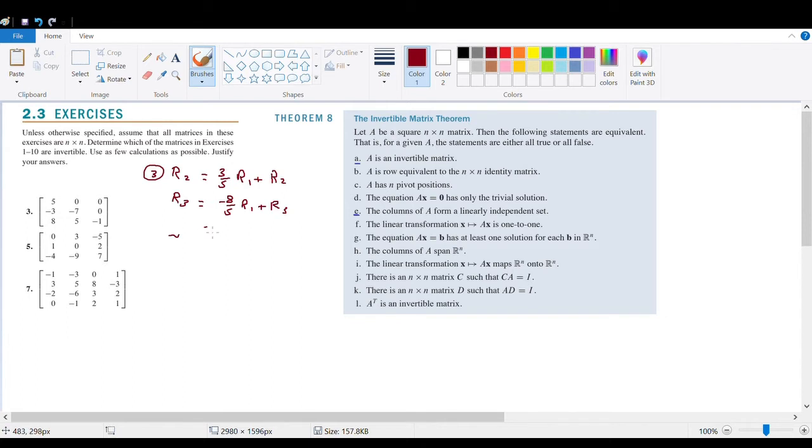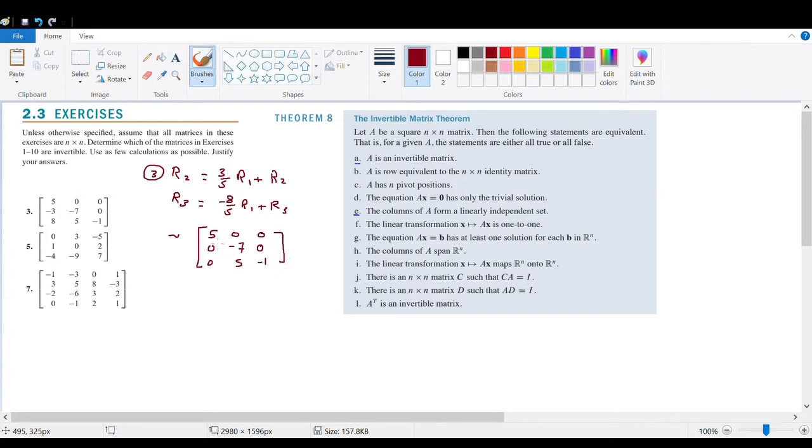This will give us the new matrix here: 5 0 0, then 3 over 5 row 1 plus row 2 gives 0 minus 7 0, then minus 8 over 5 row 1 plus row 3 gives 0 5 minus 1.